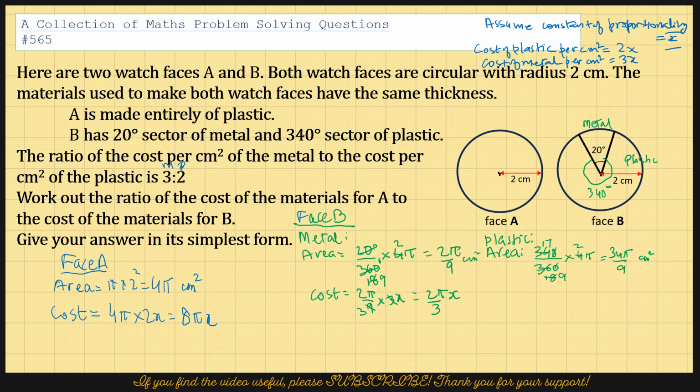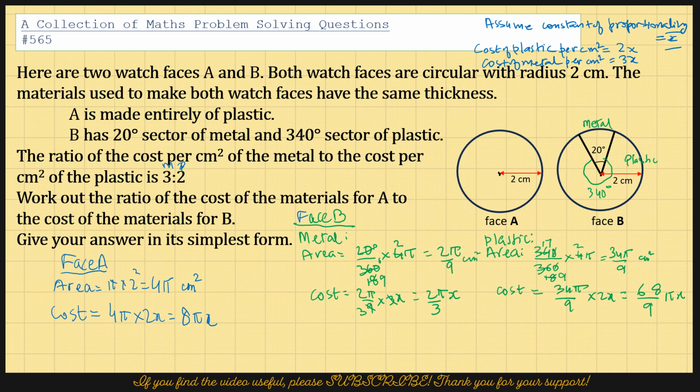Then I have to work out the cost. The cost of the plastic part would be 34 pi out of 9 multiplied by the plastic cost 2x, which gives me 68 out of 9 pi x.